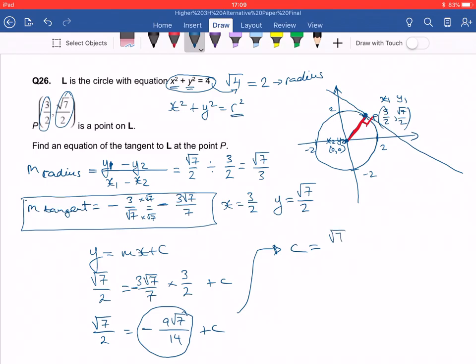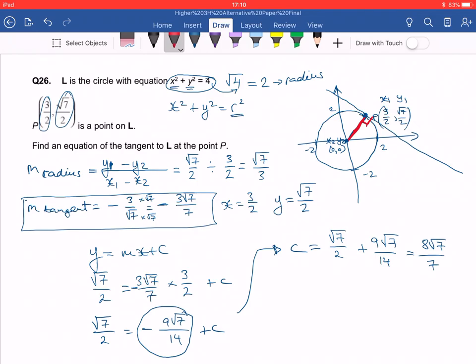So I'm going to get root 7 over 2 plus 9 root 7 over 14. If I type all this in my calculator, I'm going to get 8 root 7 over 7. So this is my c.